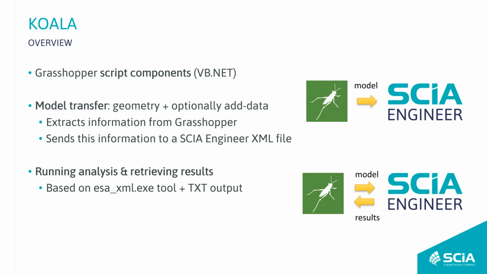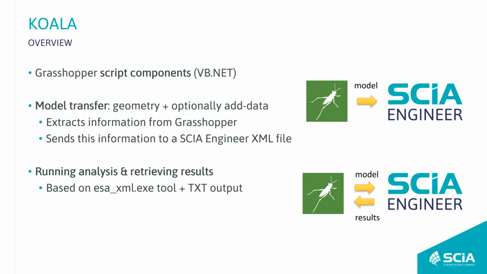That's a possibility to export the model from Grasshopper to SCIA Engineer and run the analysis with the help of the SXML tool, and you can obtain the results in a TXT output, and based on the results, you can do another cycle of the optimization, or whatever you would like to achieve.